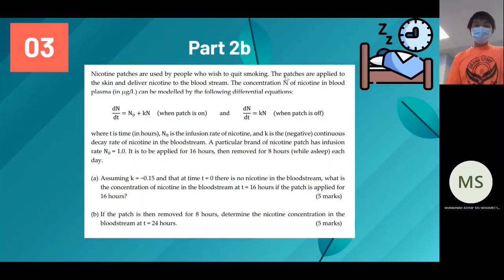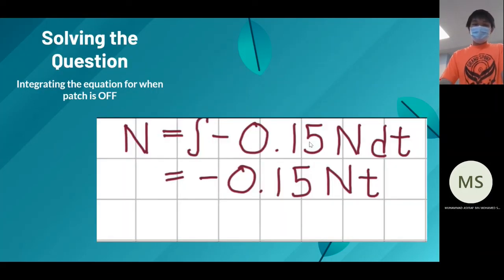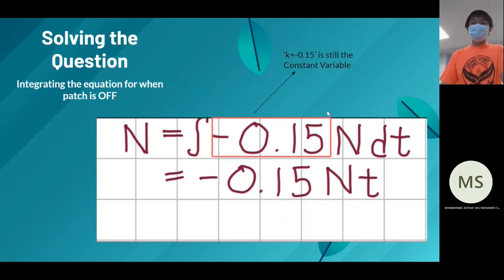Part 2B, which is to find the nicotine concentration in the bloodstream at T equals 24 hours, requires us to use the second equation, dN over dt equals Kn. So we need to first integrate the equation for when the patch is off. And once again, we need to sub in K equals negative 0.15.